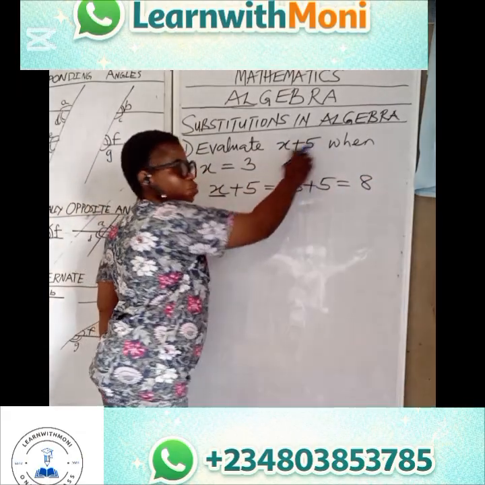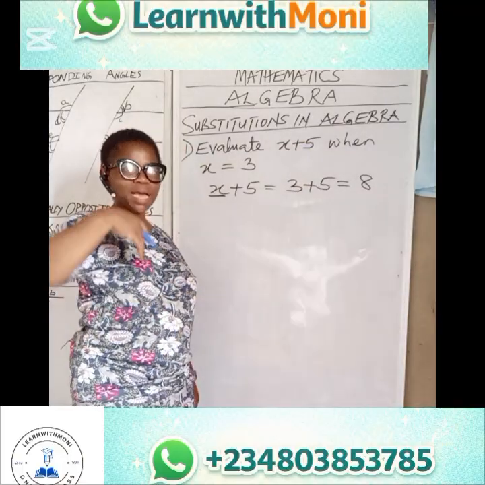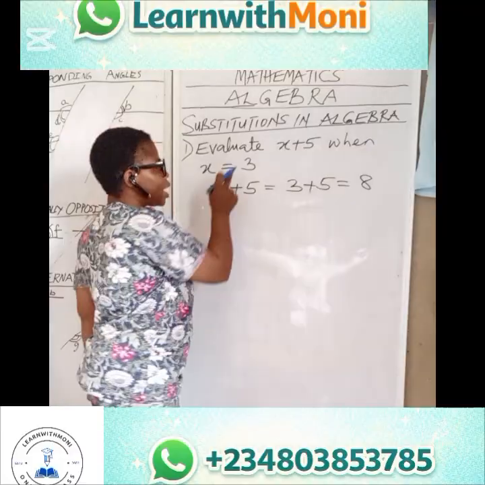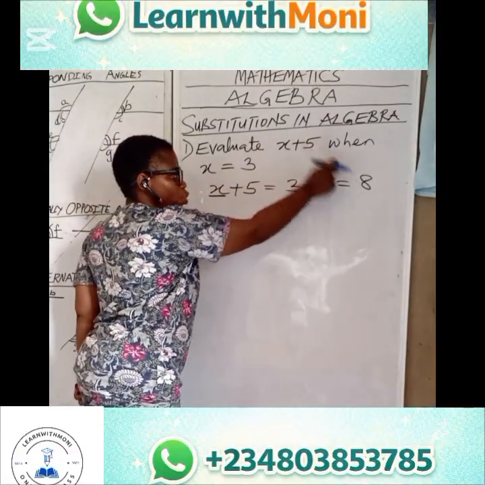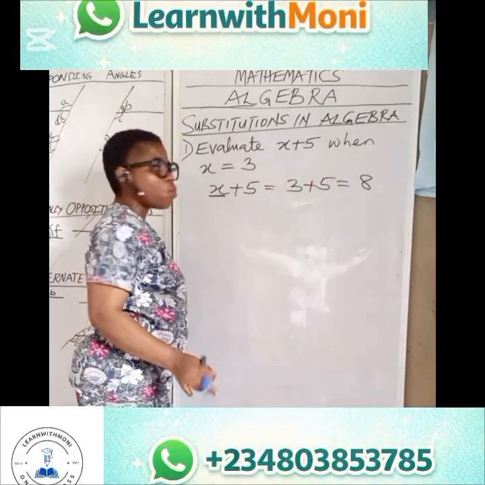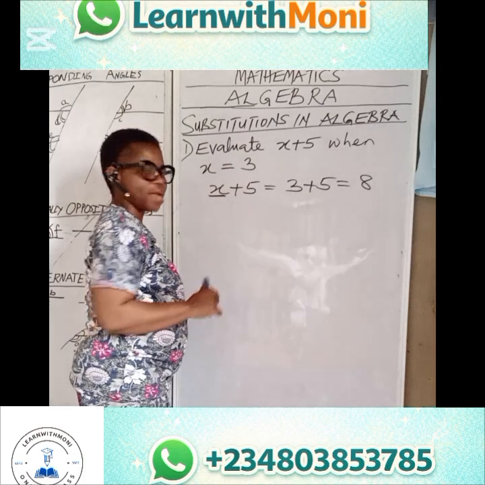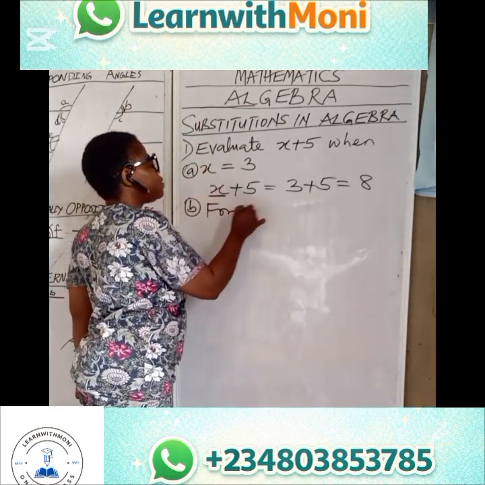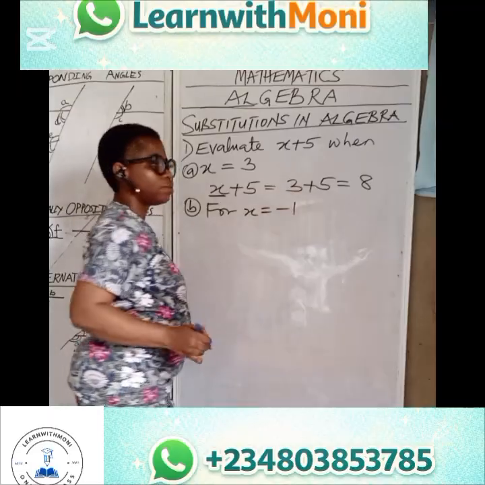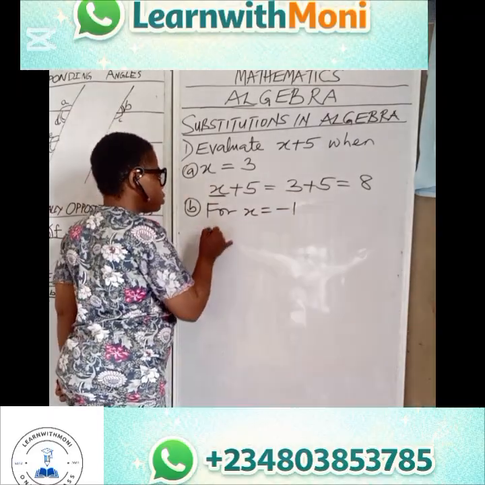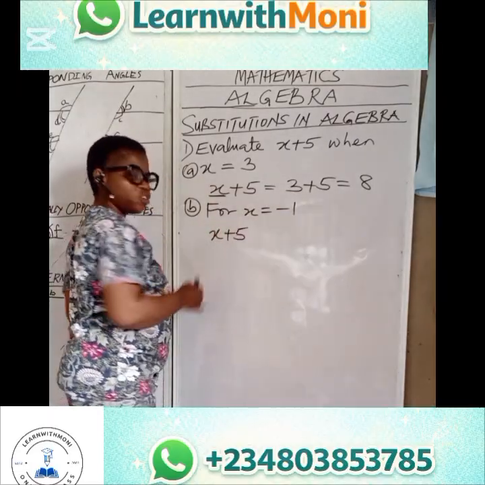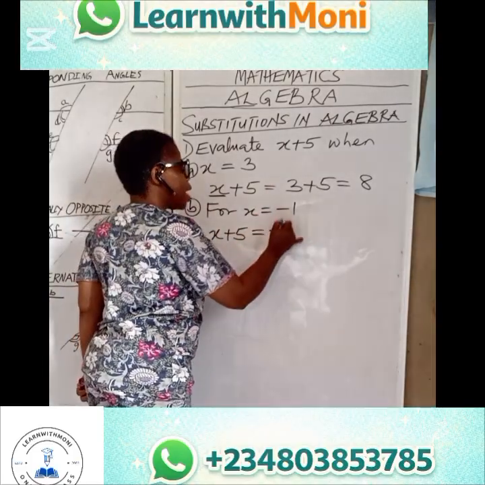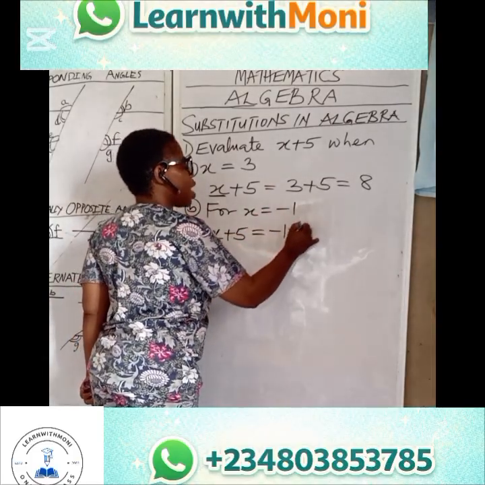The value of this expression will change as many times as I change the value of x. When the value of x is 3, this expression will give us 8. When I change the value of x, let's say for x is equals to minus 1, this expression x plus 5 is going to become, in place of x, I'll put minus 1 plus 5.